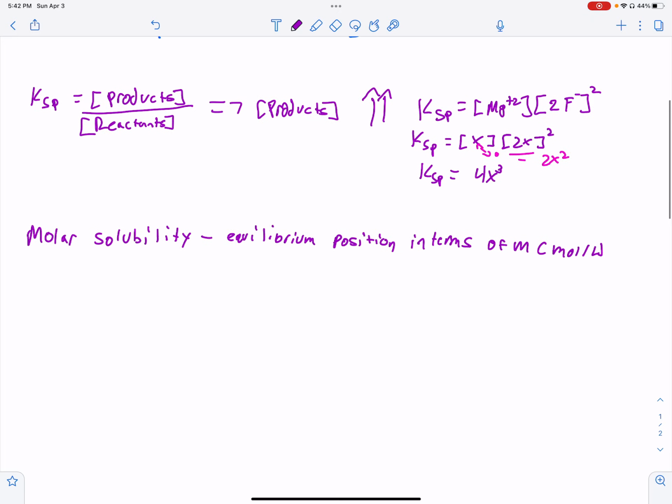So in this case, this x right here is equal to the molar solubility of the salt. So the higher the KSP, the more soluble the salt.